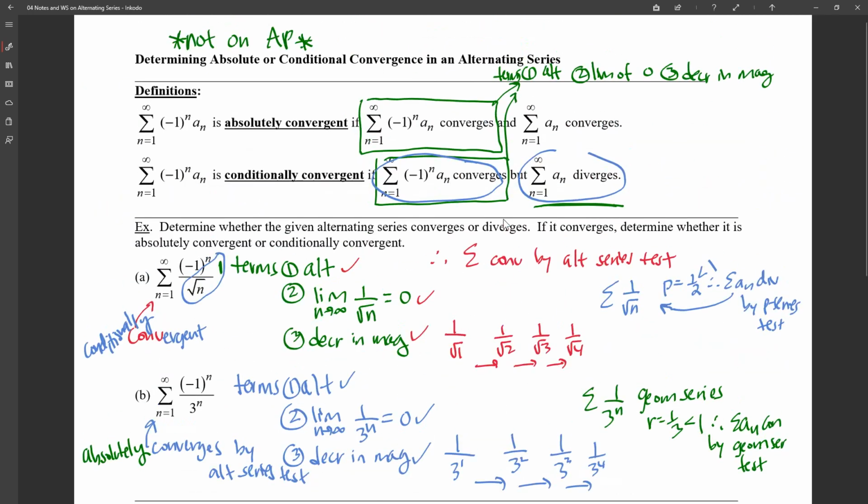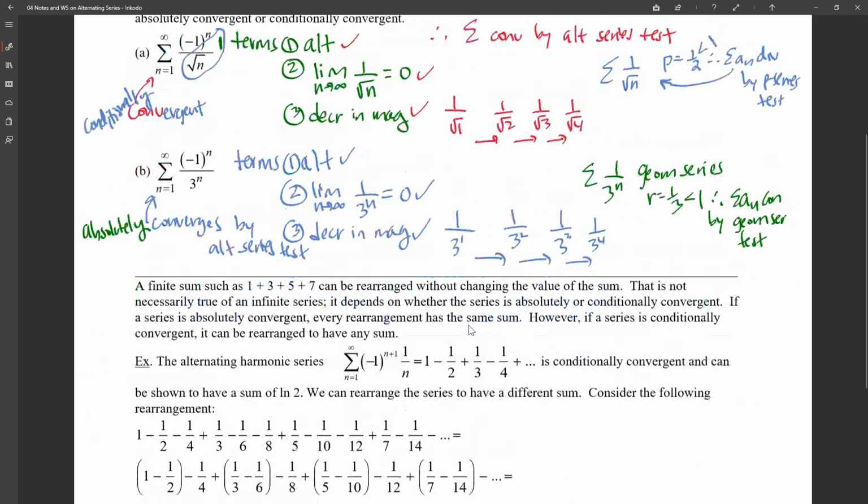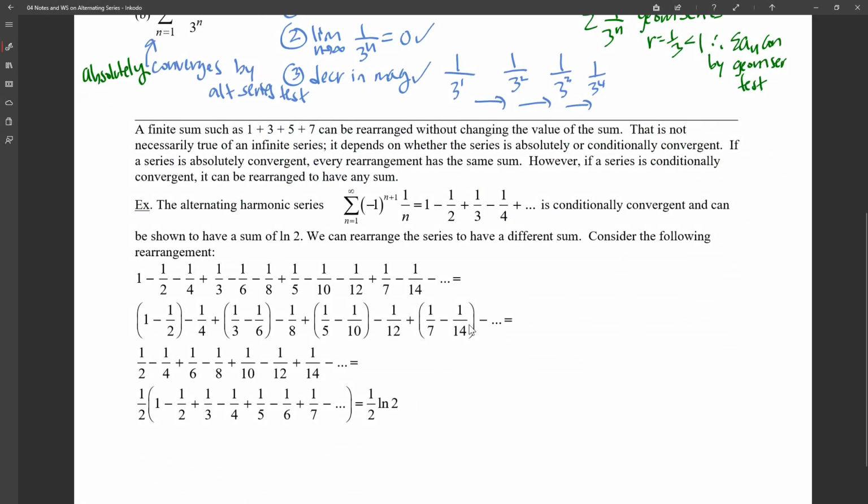Some of you might be asking, what's the difference between conditionally convergent and absolutely convergent? What does it really mean? While you don't really need to know what it means for the AP exam, there's an explanation here to help you understand. It basically says that if you have a finite sum, you can rearrange the numbers and you'll get the same sum. But when you have an infinite sum, that is not necessarily the same.